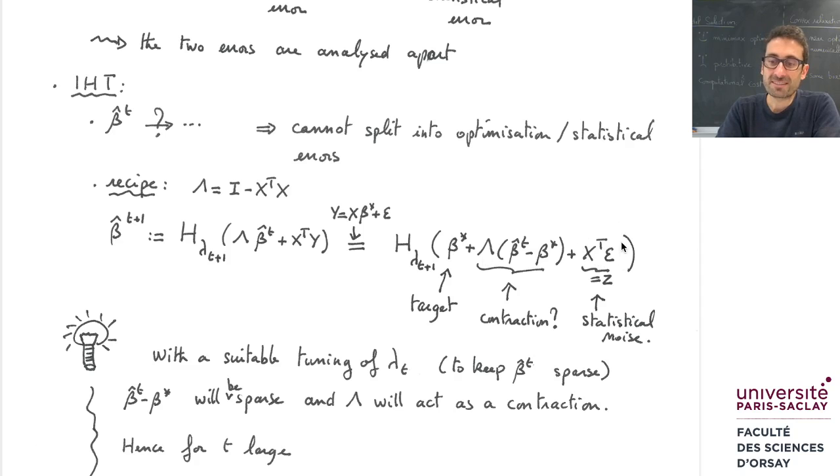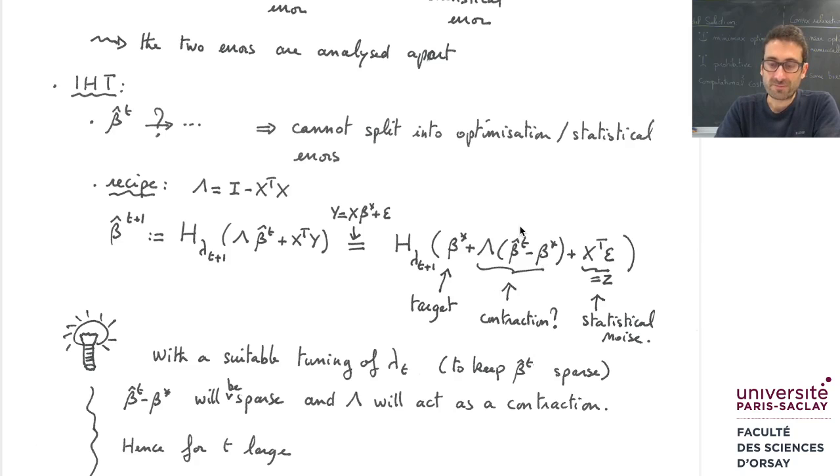Then there is a statistical error. You already know the statistical error. This is the one that we have seen already when we were studying the lasso estimator, right? And there is this additional term, and this additional term, hopefully, goes to 0, right?